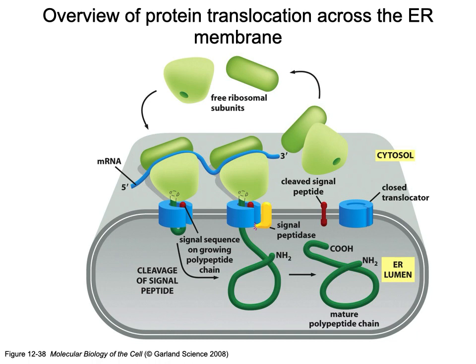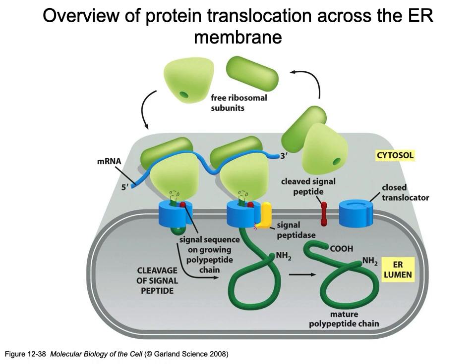As that polypeptide chain is being produced, there's a recognition of this signaling sequence, which will traffic it to our channel, our translocator, that allows for that polypeptide chain to continue to grow. And as it's growing, it's actually inside the lumen of the ER.